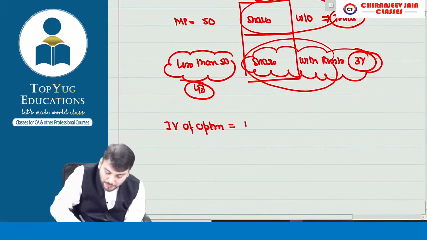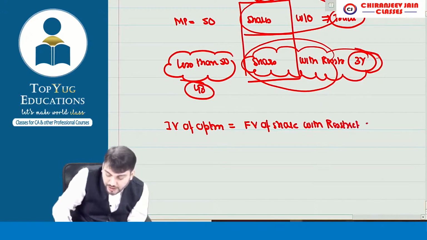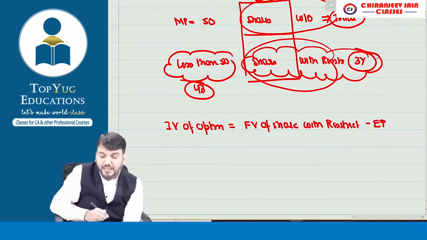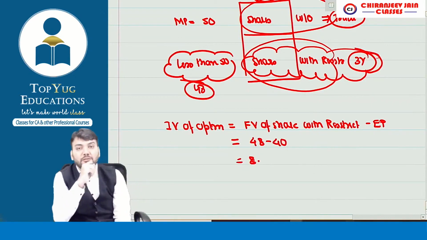Therefore the intrinsic value of option will be fair value of shares with restriction minus exercise price. It means 48 minus 40 is equal to 8.